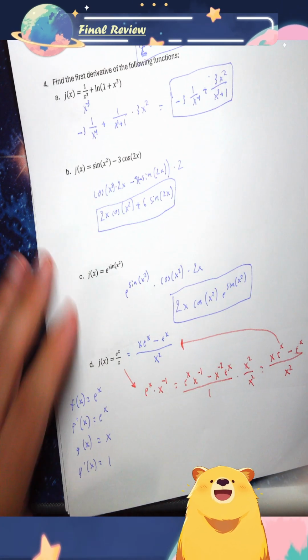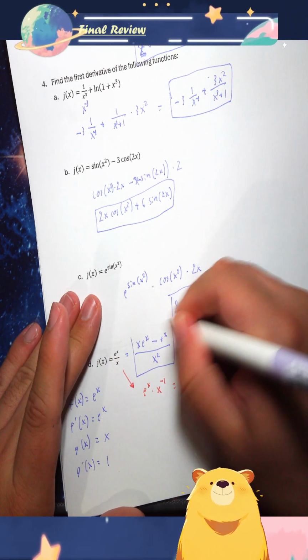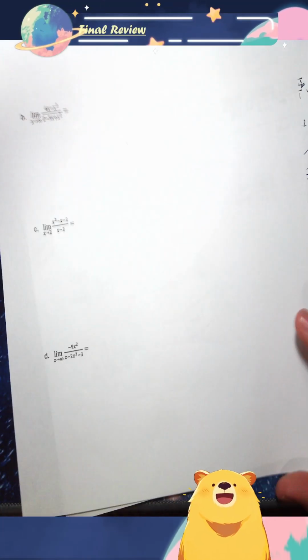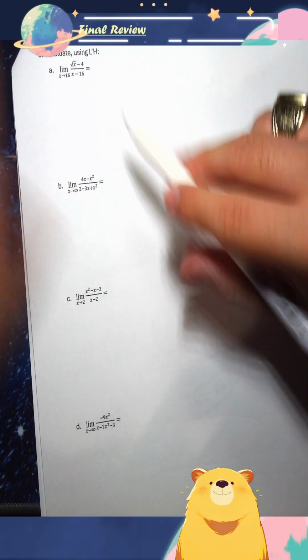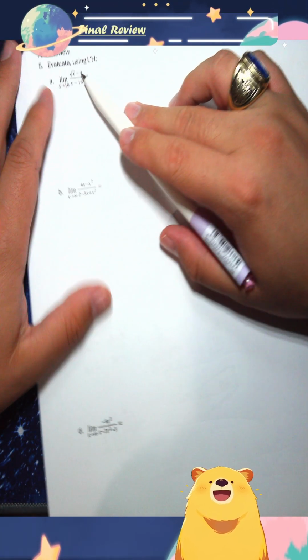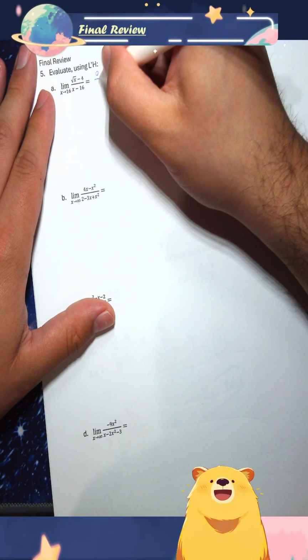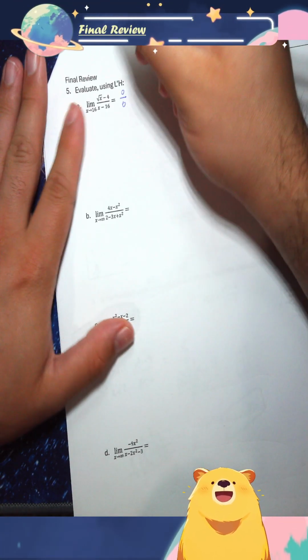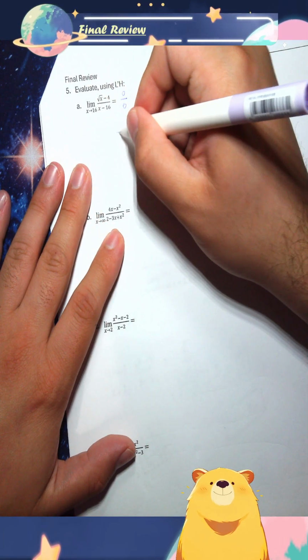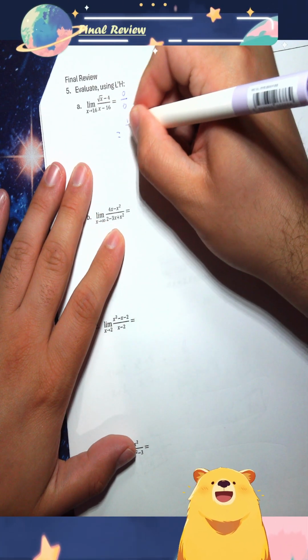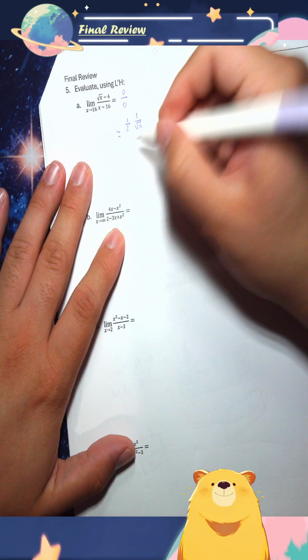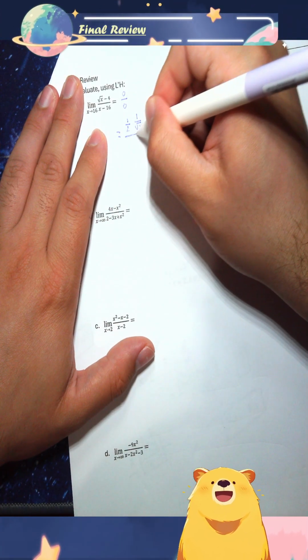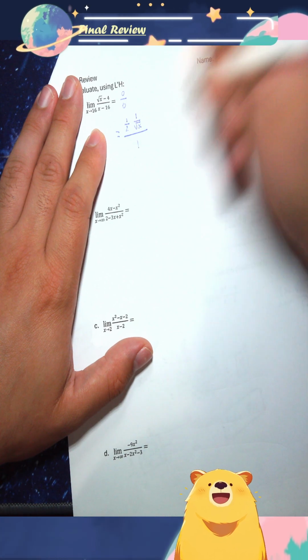Okay. Last page. So now it's going to be evaluate using L'Hopital's rule. At the top here, we see that that's going to be 0 over 0. So we can definitely take the derivative to get that. The derivative of the top is 1 over 2 times 1 over square root of x, and then divide by 1.